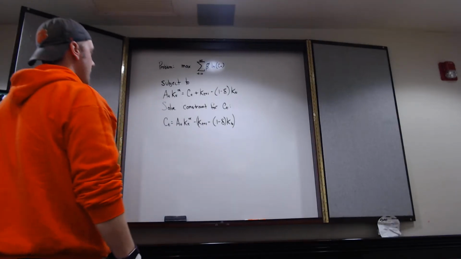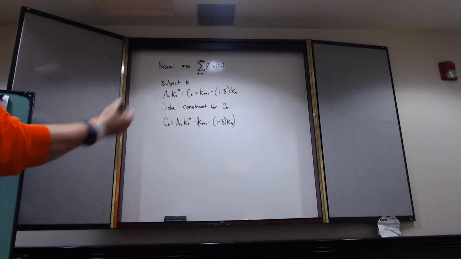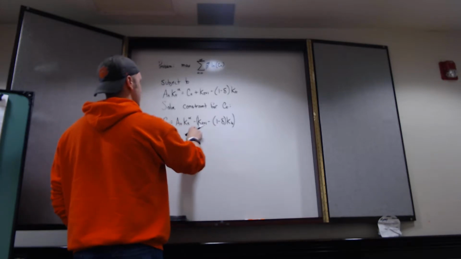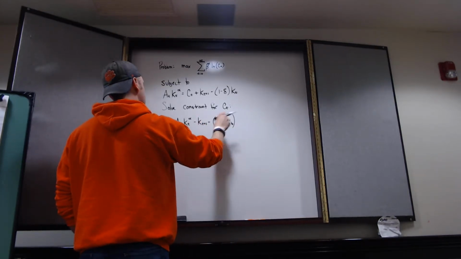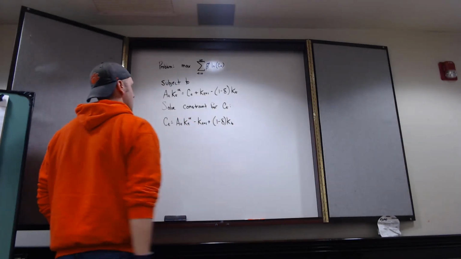So I'm going to be subtracting K_t+1 minus delta K_t from A K_t to the alpha. Basically, I've got output minus investment. So if I'm subtracting investment, I have to distribute a -1 through here. I'm going to get rid of that parenthesis, and it's going to give me that.